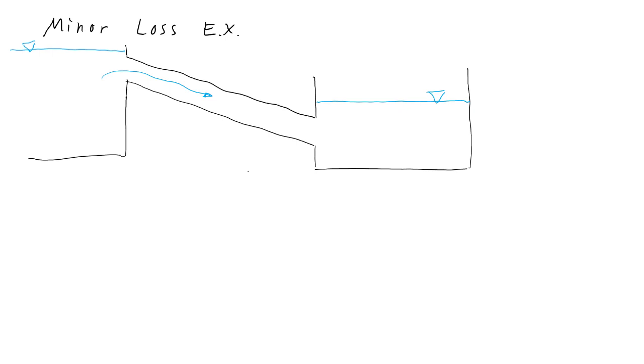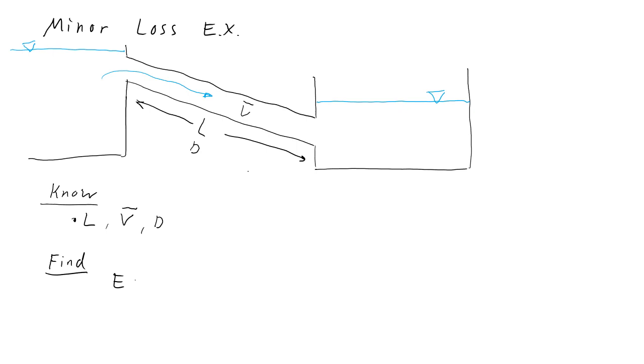Let's say you know the length of this pipe, the velocity in here, and the diameter of this pipe. What we're going to try to find is an expression for the losses.